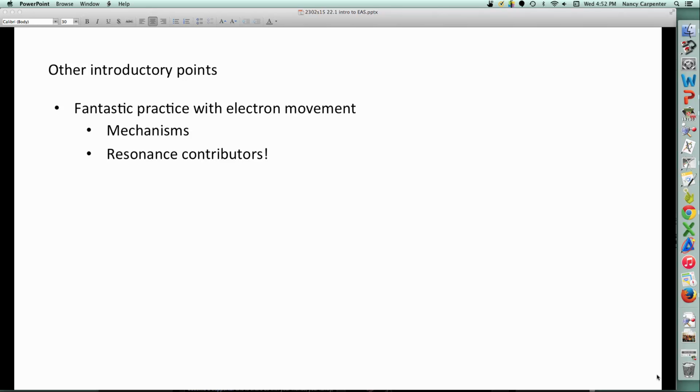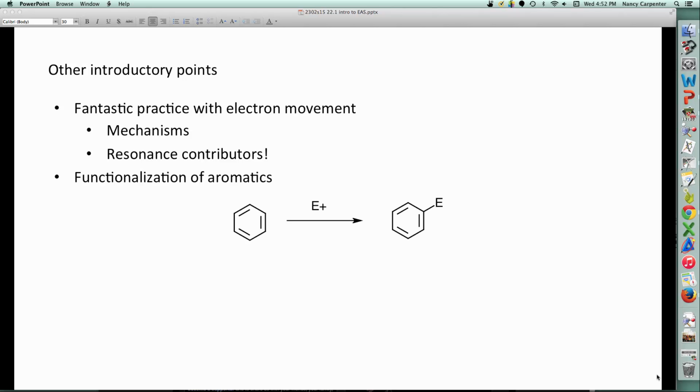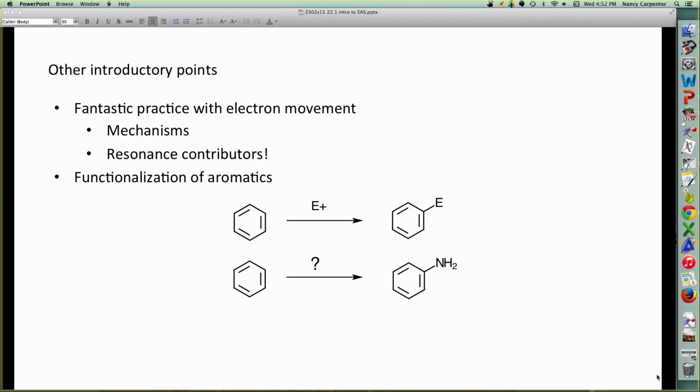Alright, so some other introductory overview types of information. This chapter is well placed at the end of the semester because it's going to give you lots of good reinforcement of electron movement mechanism and resonance contributors. And it's very handy because it will allow us to open up a whole other avenue of synthetic possibilities. Interestingly enough, what I'm telling you is that it's a piece of cake.